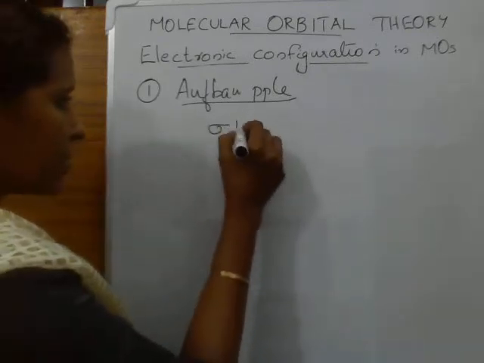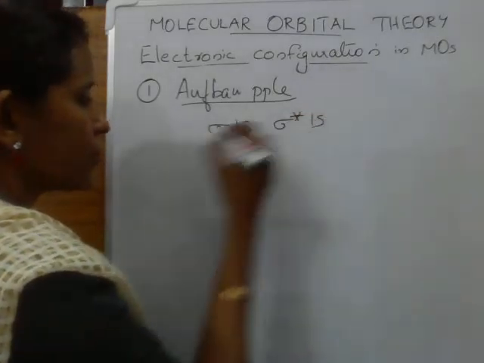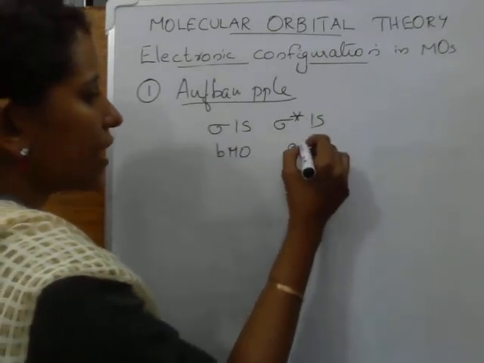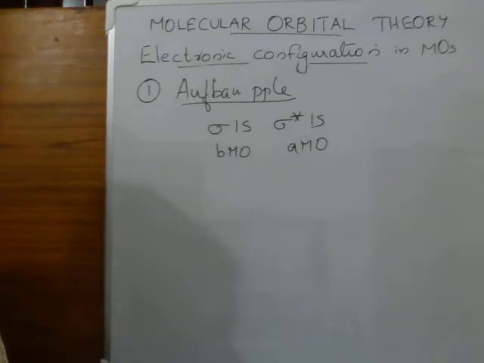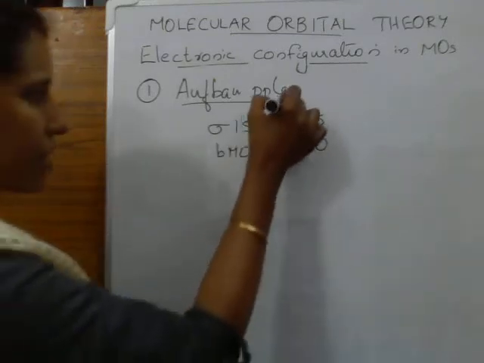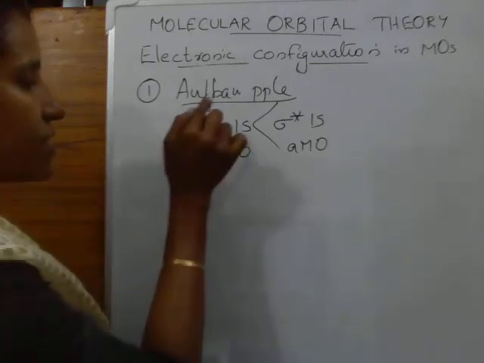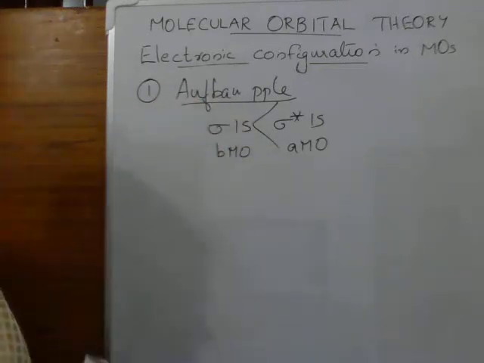Suppose we have sigma 1s and sigma star 1s. We know sigma 1s is the bonding MO, sigma star 1s is the anti-bonding MO. Which is having lower energy? Sigma 1s. Hence, electrons will first fill in sigma 1s. Then only electrons go to fill sigma star 1s.